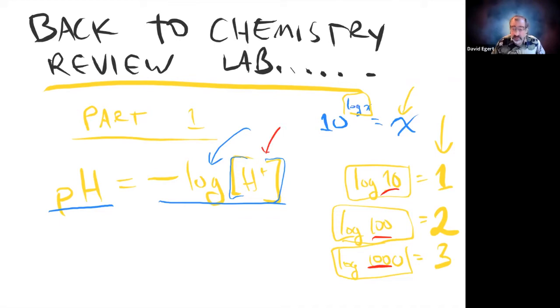If I have a pH that is different by 4, it means the concentrations are different by 10,000. So keep in mind that it's a logarithmic scale, which means that it's very nonlinear.